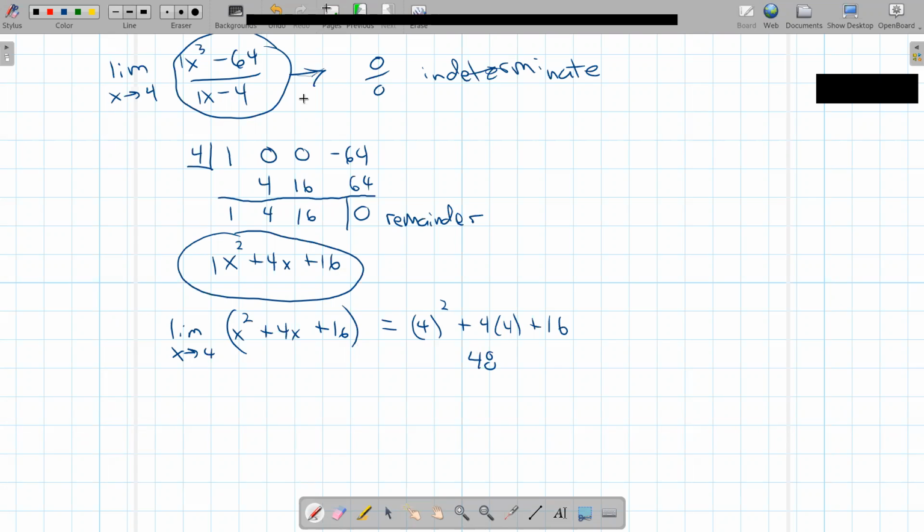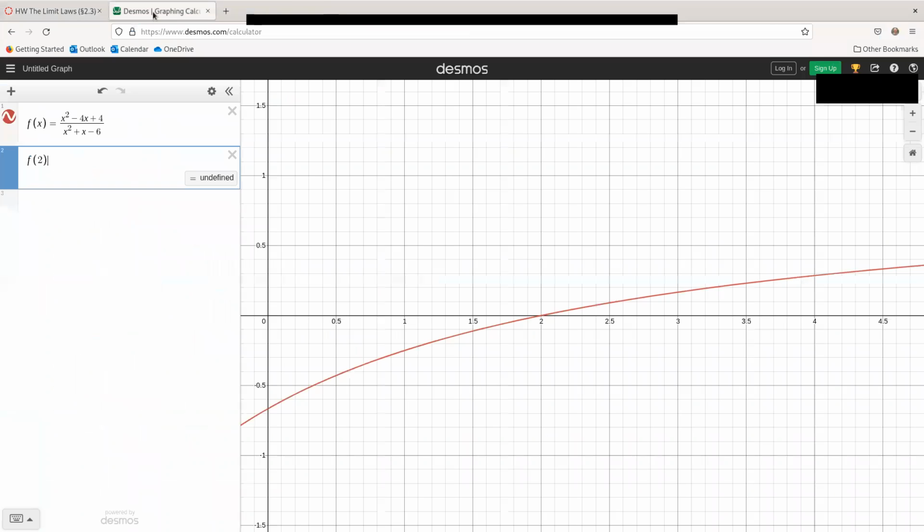So if I look at the graph of this rational function right here, what I'm going to find is that there's a hole when x equals 4, but the y value appears to be about 48. So let's take a peek at the graph. And let's reset.